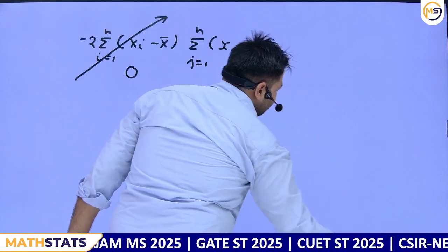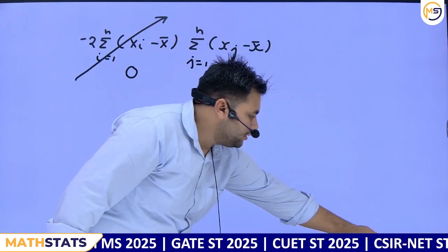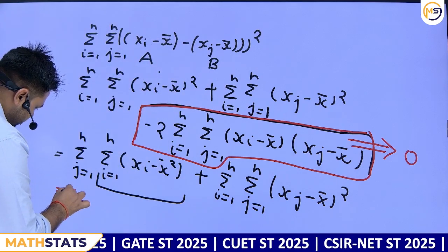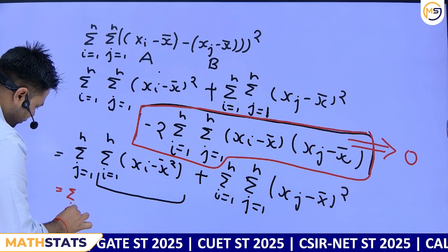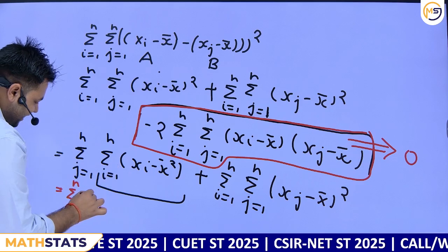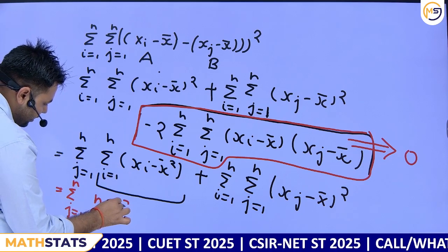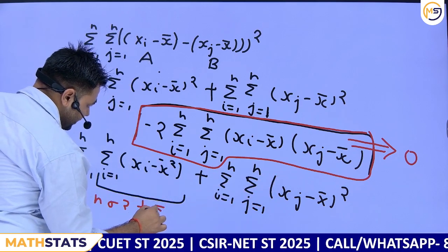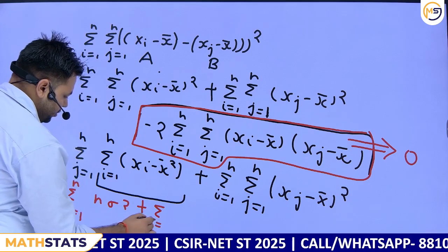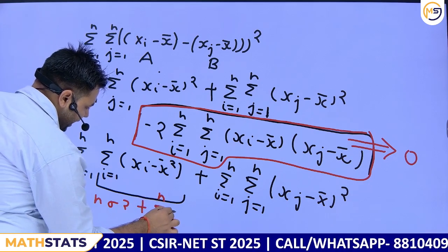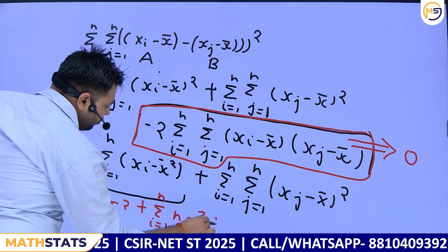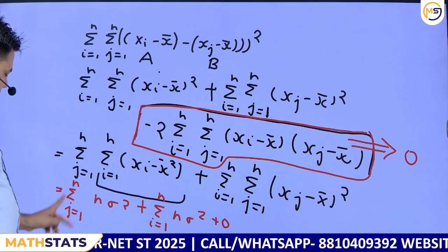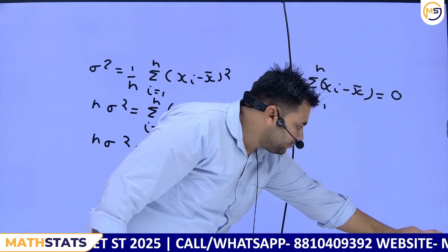Now understand. The first term here, if I put the value, this is summation j equal to 1 to n, this is n sigma square. This quantity also has the value n sigma square. So you will get summation i equal to 1 to n sigma square, and then 0.